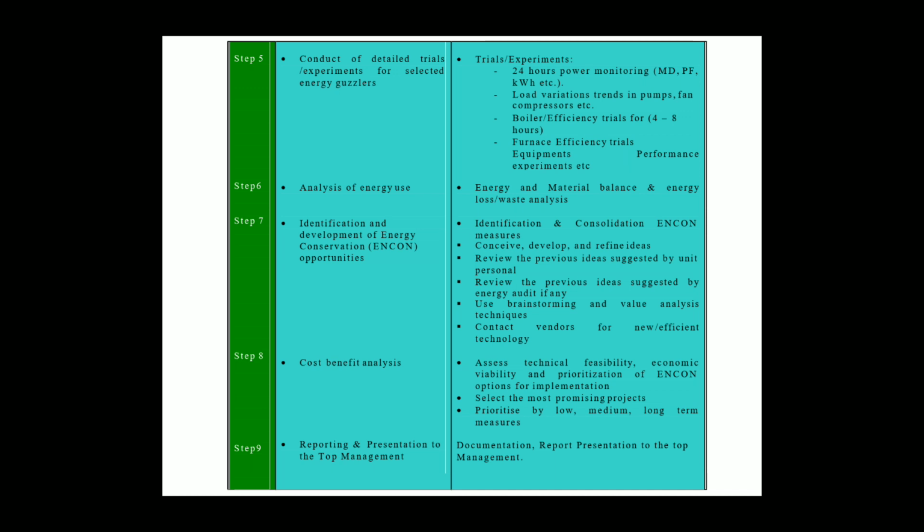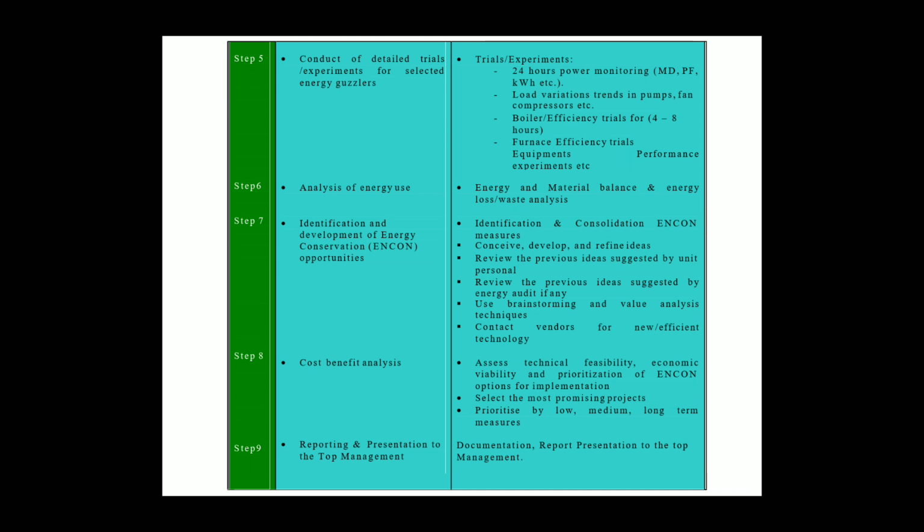After step 7, the result is identification and consolidation of energy conservation measures: conceive, develop and refine ideas, review the previous ideas suggested by unit personnel, review the previous ideas suggested by energy audit if any, use brainstorming and value analysis techniques, contact vendors for new or efficient technology.